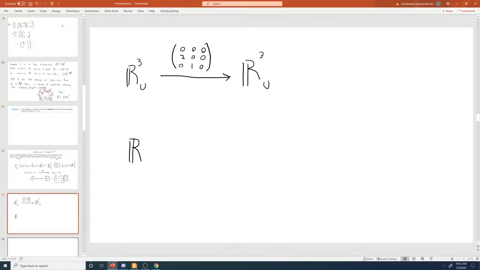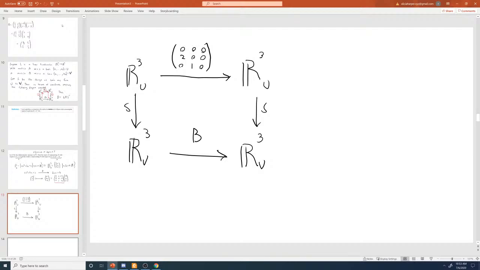So if we go down here, we have RV, and we have some unknown matrix B that we want to find. The first thing I should do to find this matrix B is figure out how I change from the U basis to the V basis in terms of coordinate vectors. So I want to find this transformation S.